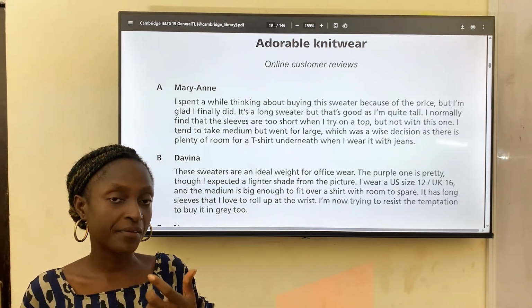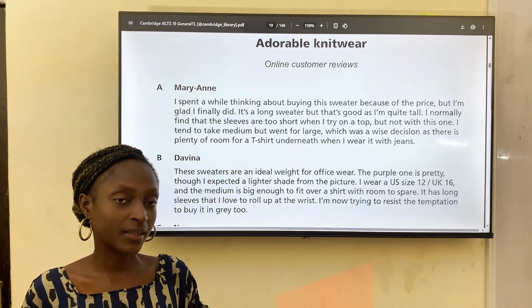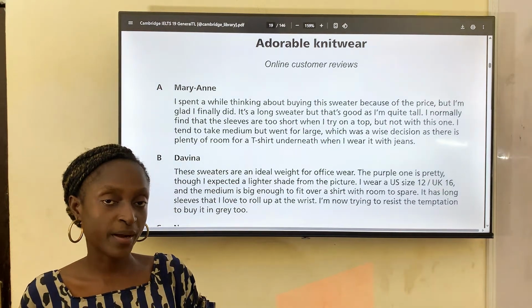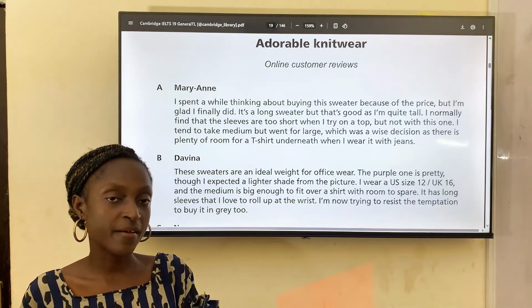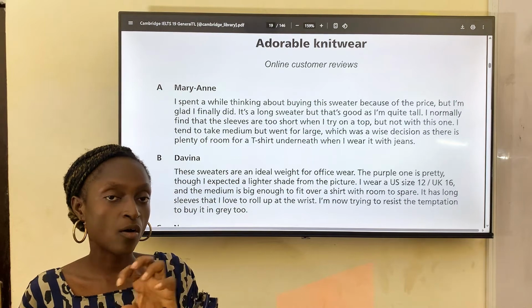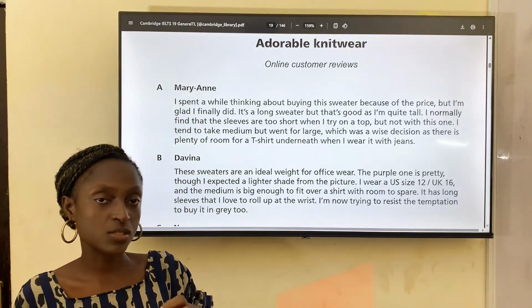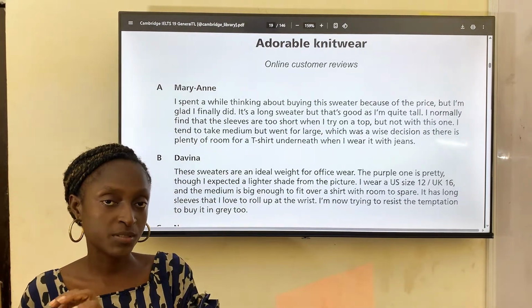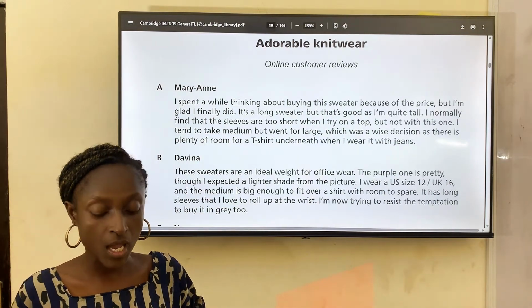The reason is that those areas contain the main idea of the paragraph.